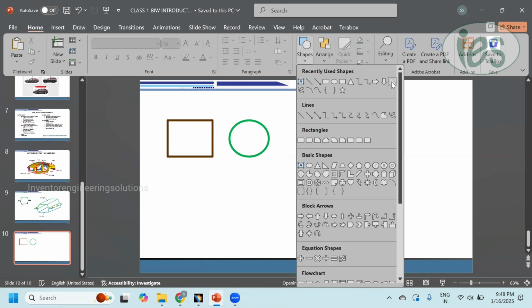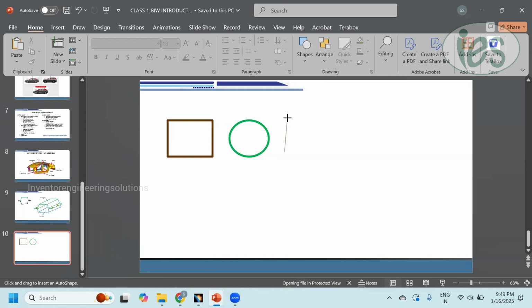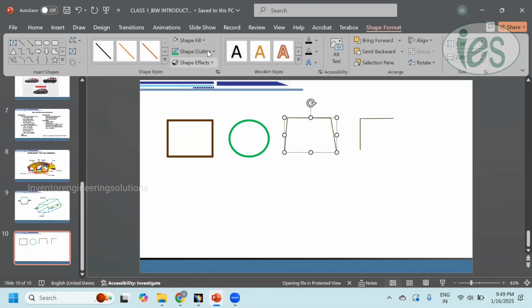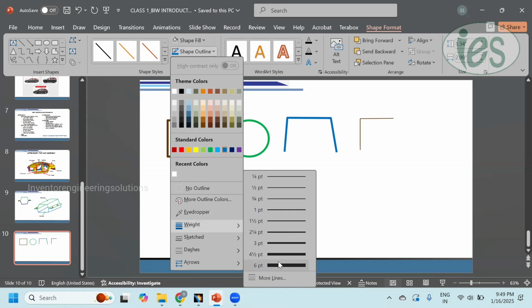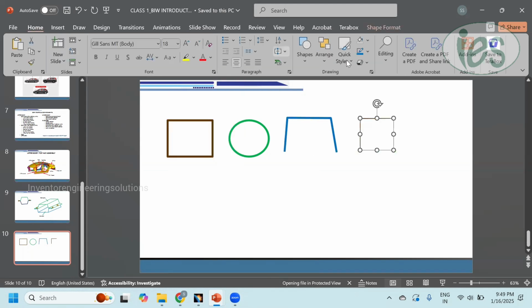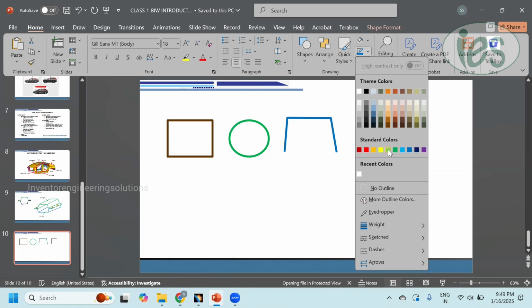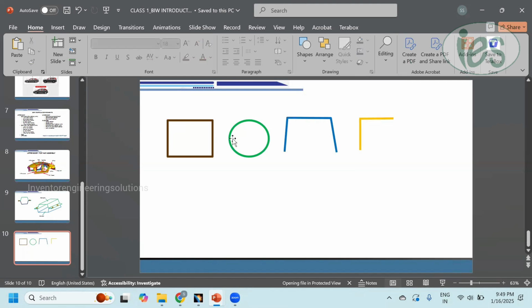Whereas if we keep an open structure, like this, these are the closed structures and these two are open structures.